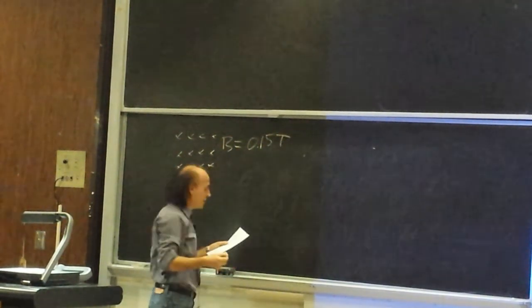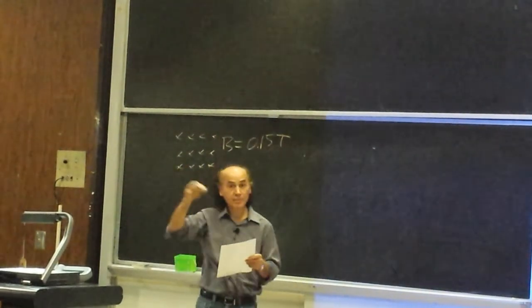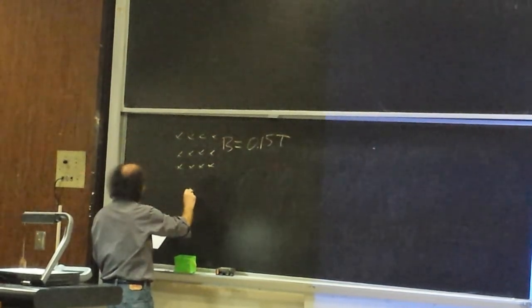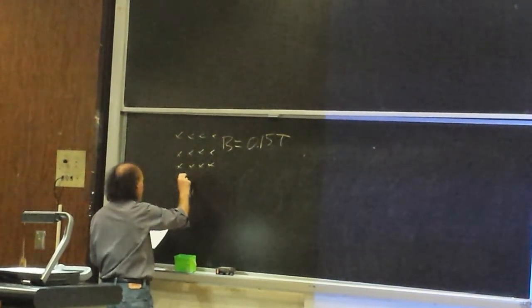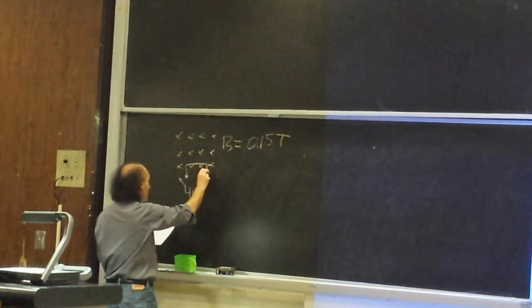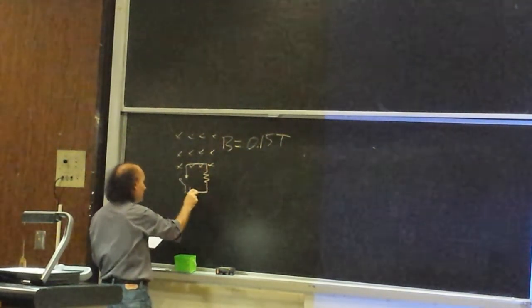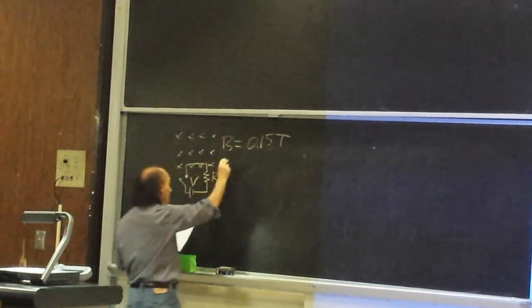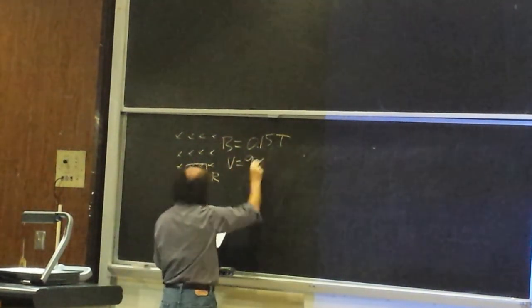Then we are creating a suspended bird perch. This is a little circuit which goes like this. It is more or less rectangular, it has certain resistance in it, and it has voltage. Suppose it is a 9-volt battery.